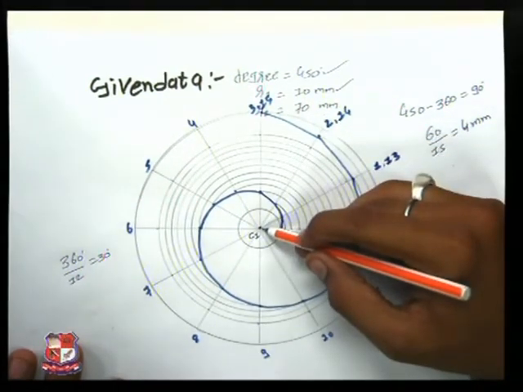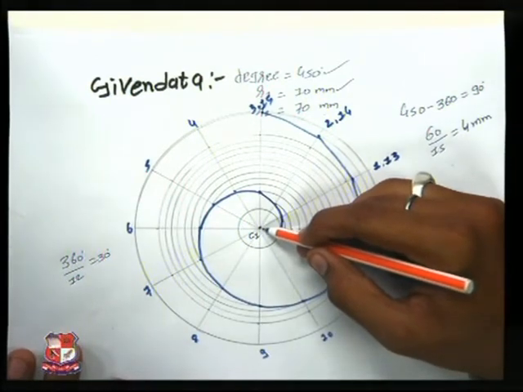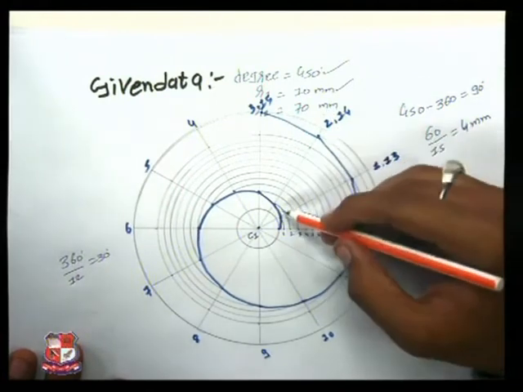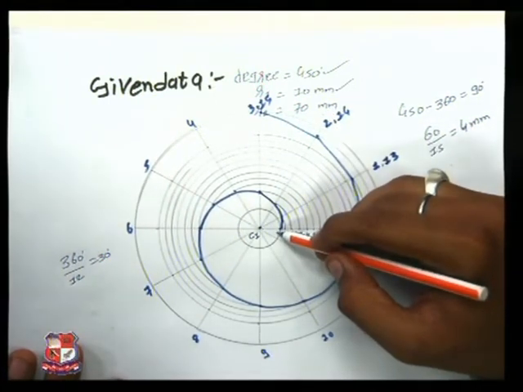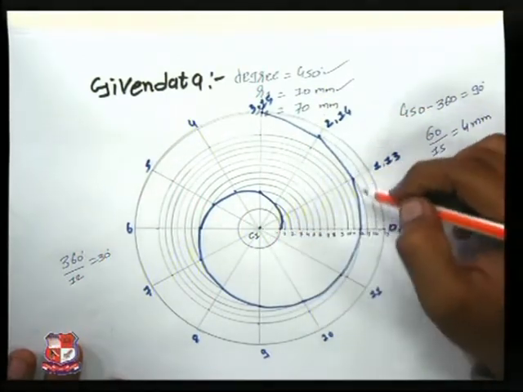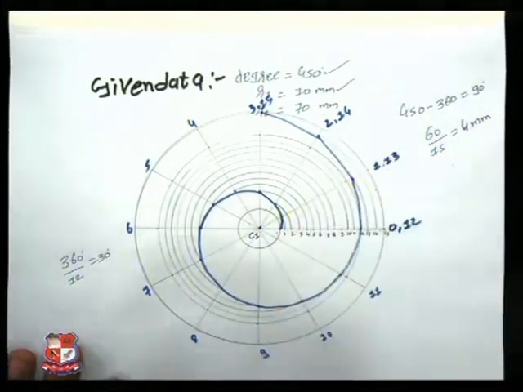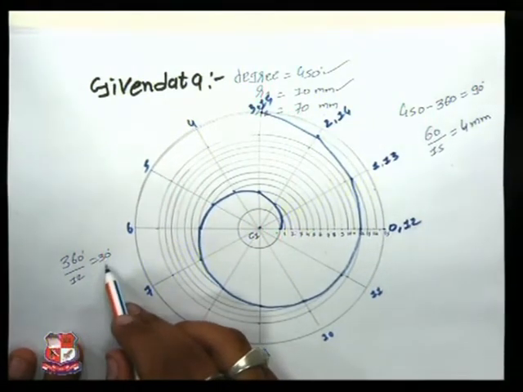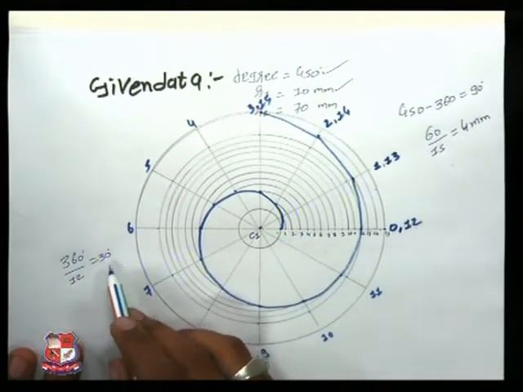Draw two concentric circles. First would be the larger radius circle, that is 70 mm, and the smaller radius circle, that is 10 mm. Now after you draw these two circles, divide those circles into 12 equal parts, which means 30 degrees each.